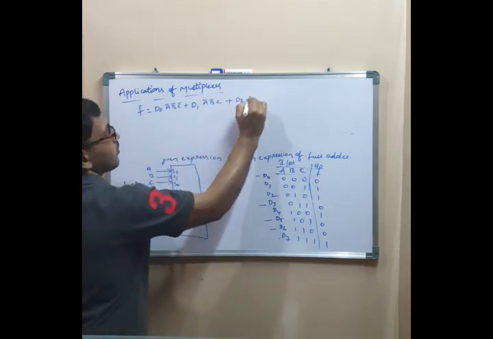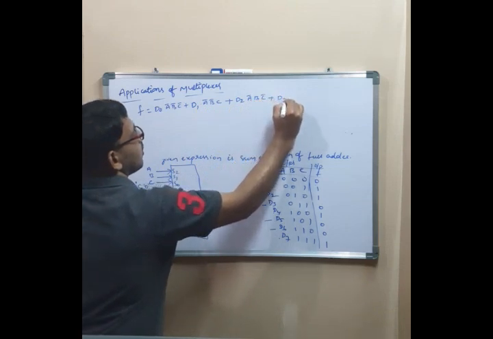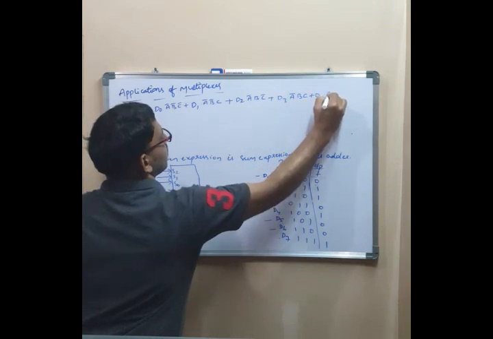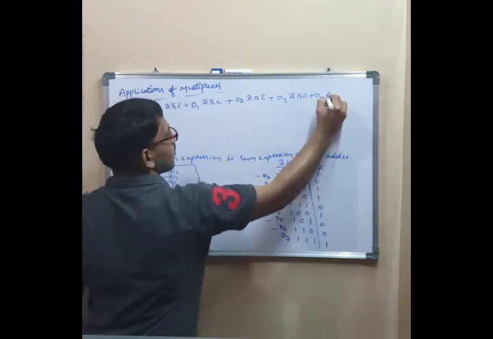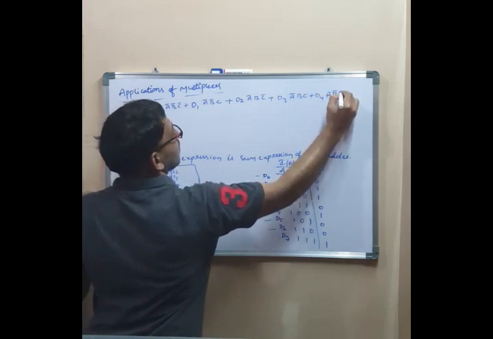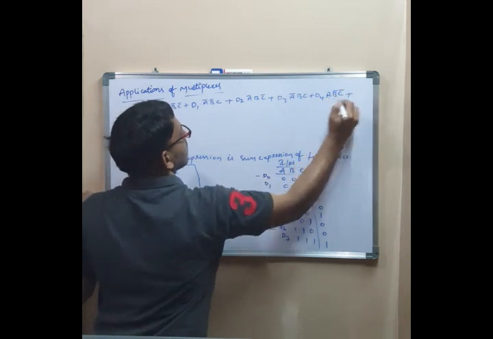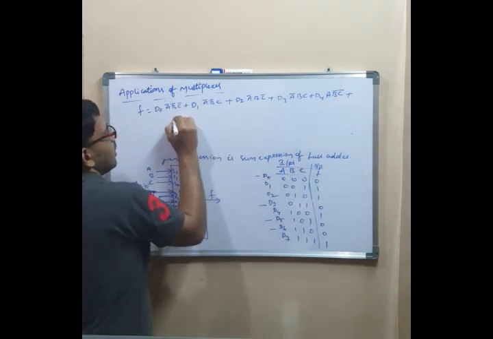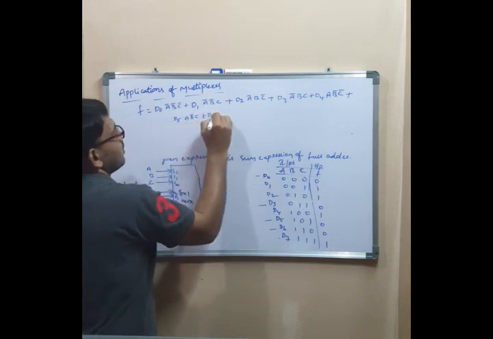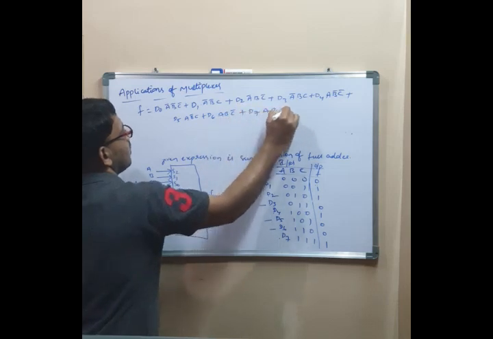Plus D2, A bar, B, C bar, plus D3, A bar, B, C, plus D4, A, B bar, C bar, plus D5, A, B bar, C, plus D6, A, B, C bar, plus D7, A, B, C.